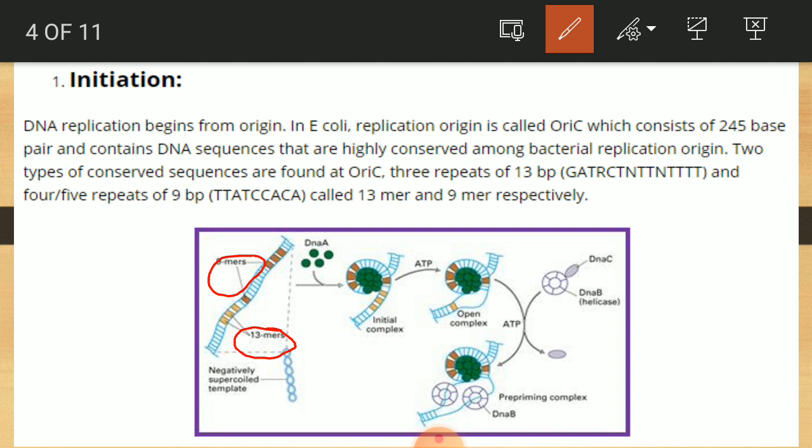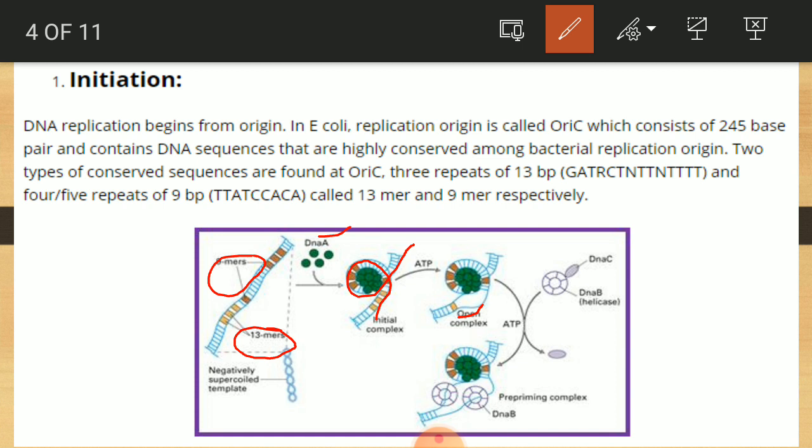During the initial steps, approximately 20 molecules of the DnaA protein bind with the 13-mer sequence, causing the wrapping of the DNA around the DnaA proteins along with ATP. And these DnaA proteins, by using ATP, melt the DNA at the 13-mer base pair sequence.